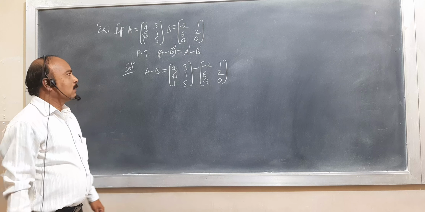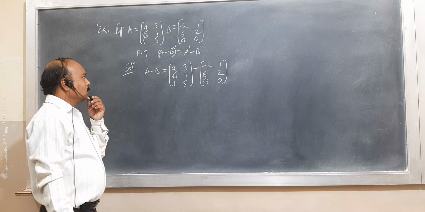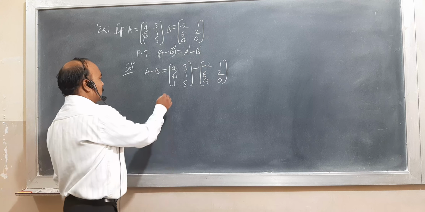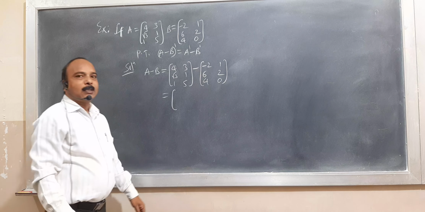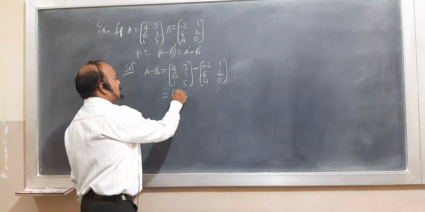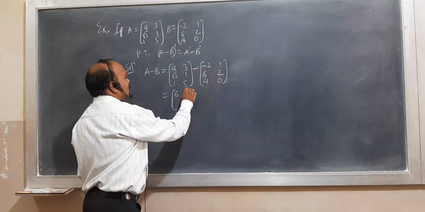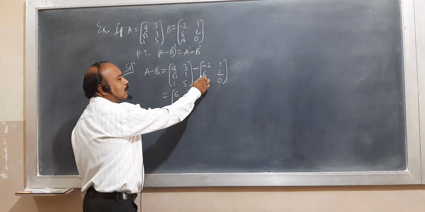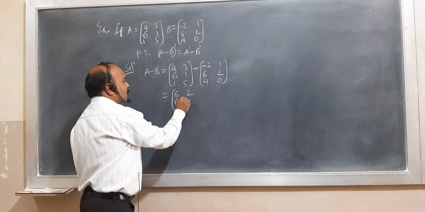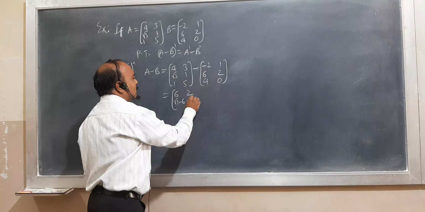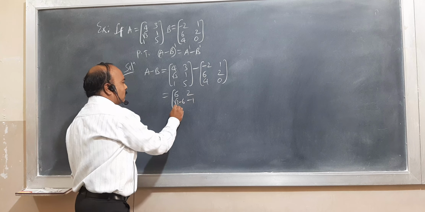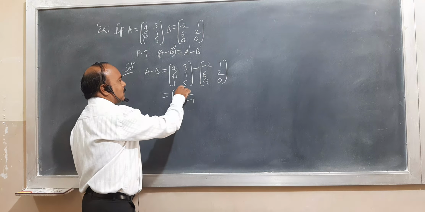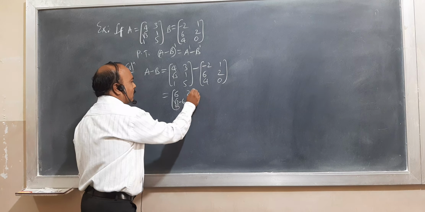Now we make subtraction of these two matrices, that is 4 minus of minus 2, that is 4 plus 2, it is 6, 3 minus 1 is 2, root 3 minus 6 as it is, 1 minus 2 is minus 1, 1 plus 4 is 5, next 5 plus 0 is 5.